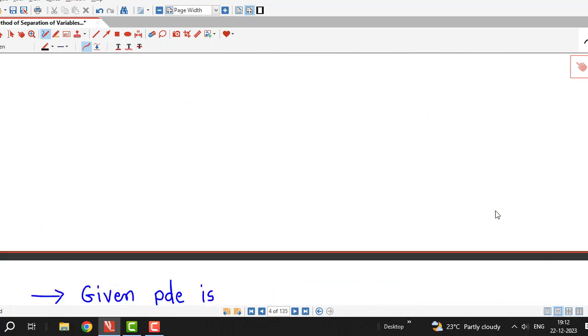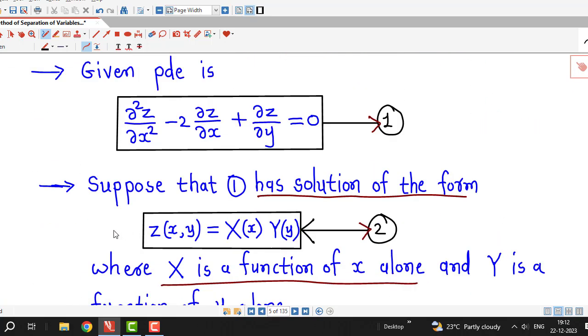What you have to remember is, you start with the assumption that the solution is in this form. Suppose your equation is given in this form, say del u by del x equal to 2 times del square u by del t square. Here partial derivatives are given for variable u.